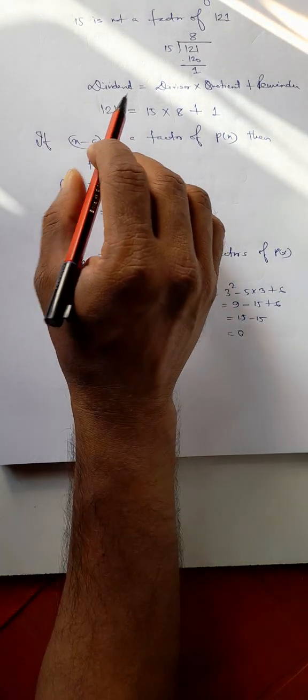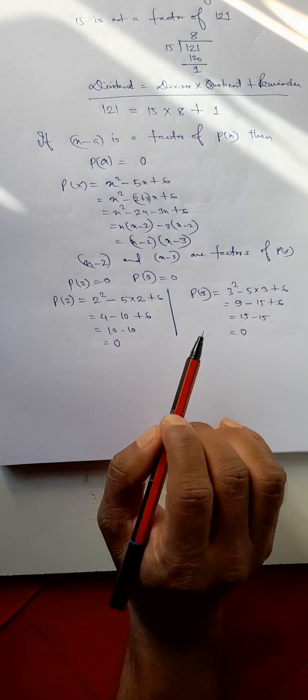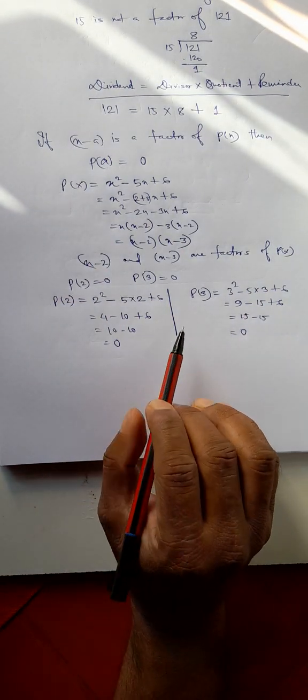Now in case of this relationship, we find that if a number is not divisible by another number, you will get a remainder.